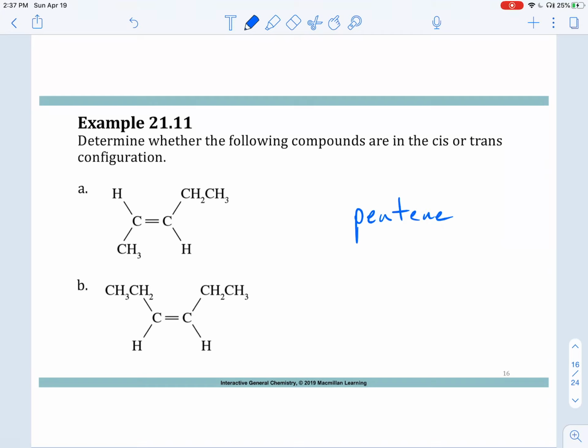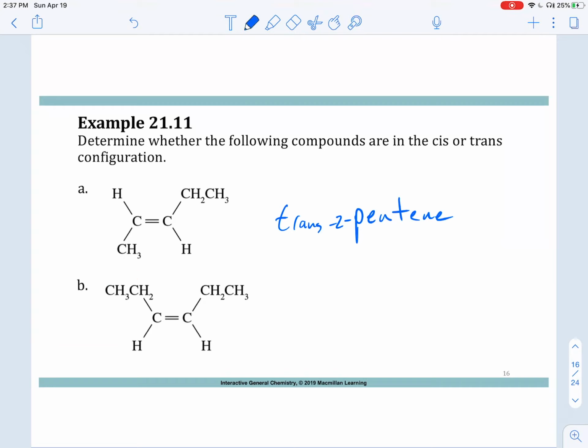And now we just have to tell you, first of all, what type of double bond it is, cis or trans. In this case, we know it's a trans. And what position is it at? It's not at the 3 or 4. It's at the 2 position. We minimize that numbering when we can. So trans-2-pentene.